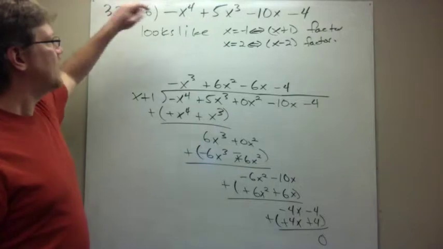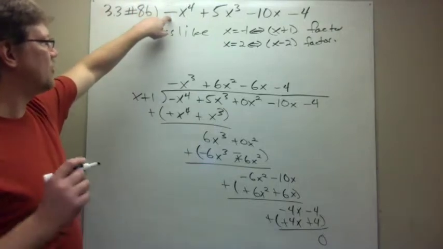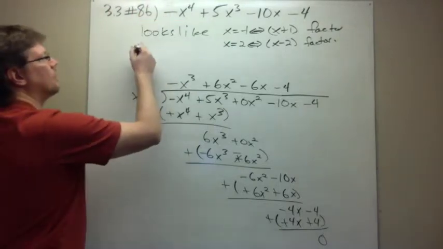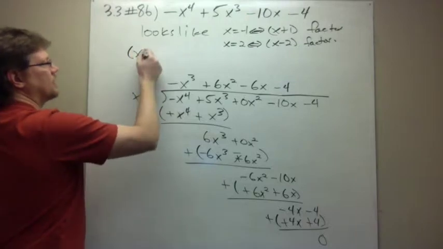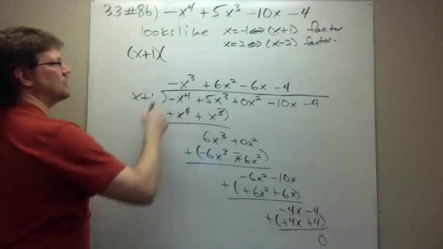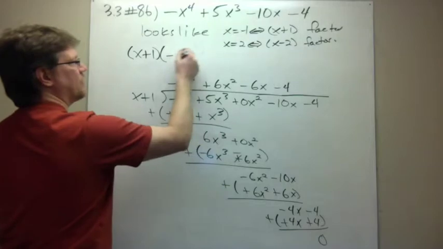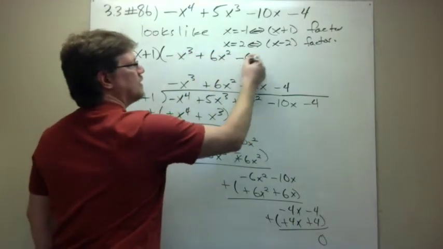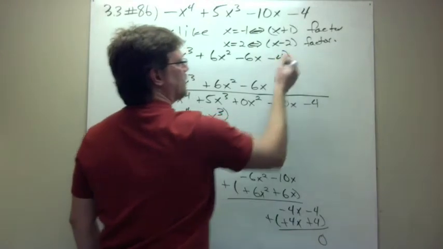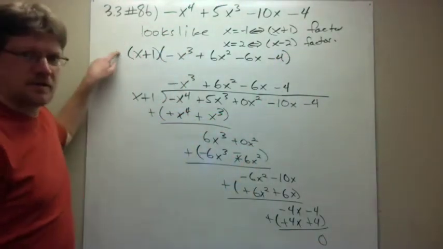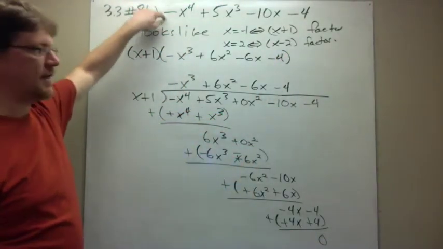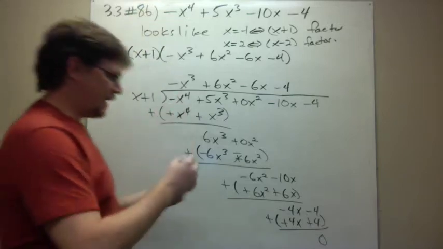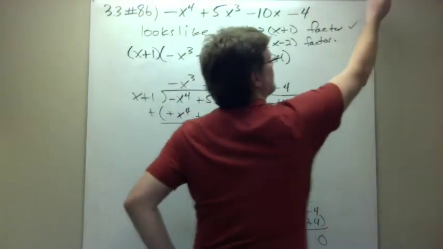All right, so what that means is that my initial polynomial looks like x plus 1 times this thing, minus x cubed plus 6x squared minus 6x minus 4. Okay? This is the same as that. And I have used this factor.